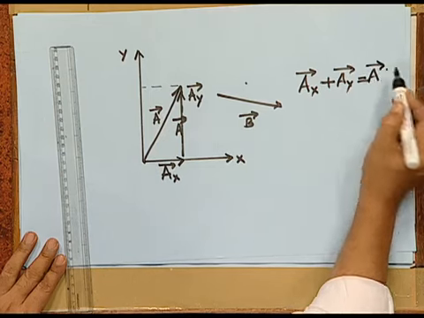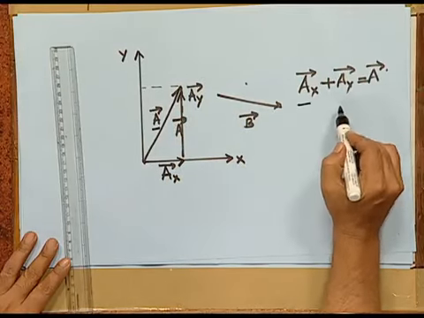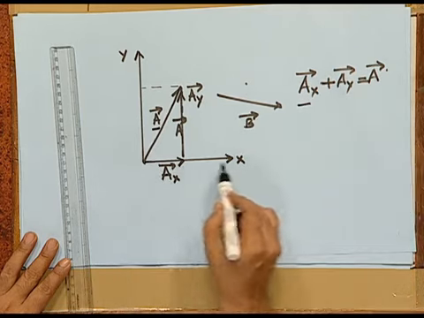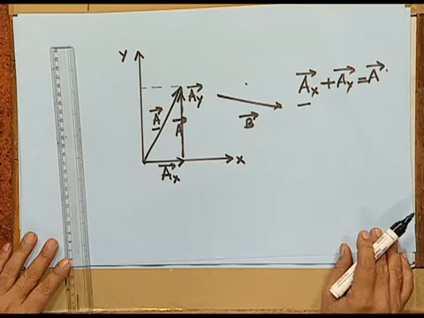This is called the component method of addition of vectors. You can consider A x vector as one vector along the x axis, A y vector as another vector along the y axis. Now, the addition of these two vectors results in vector A. A x vector and A y vector are called the component vectors of A along the direction of x and along the direction of y respectively.